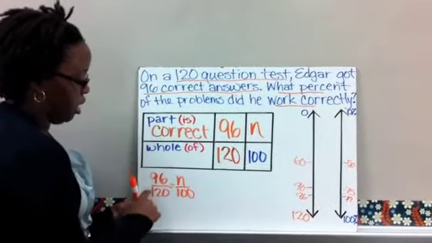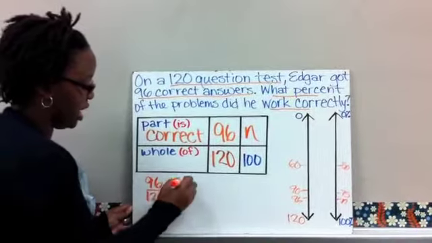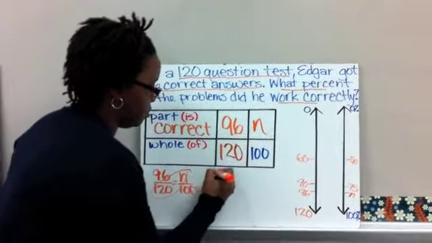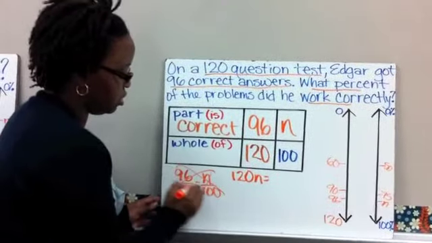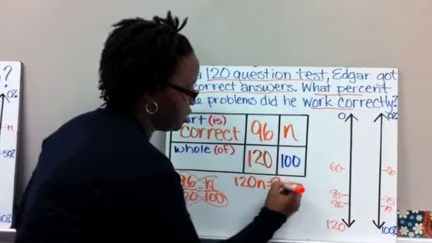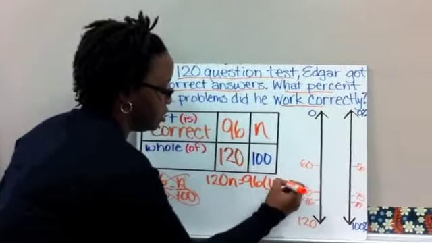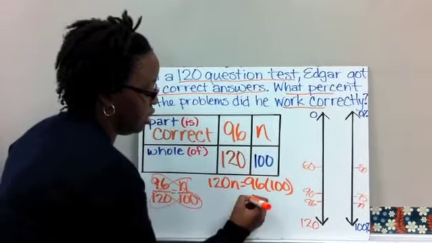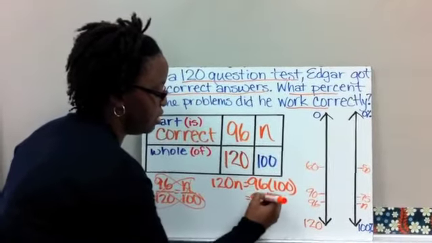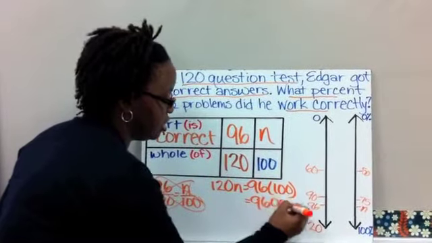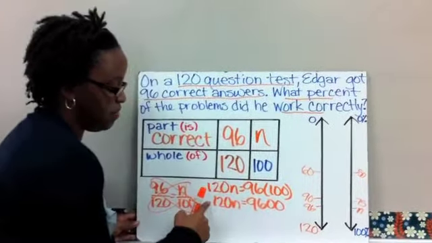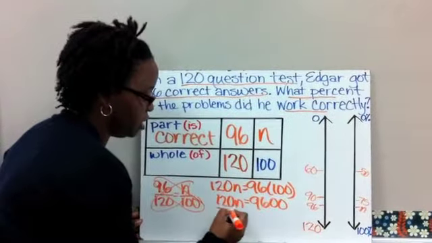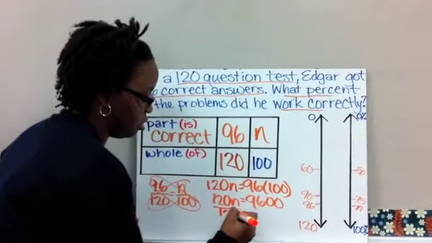So 120 times n is going to be equal to 96 times 100. 96 times 100 is 9,600. And our last step is going to be to divide that by 120 to find our percent.